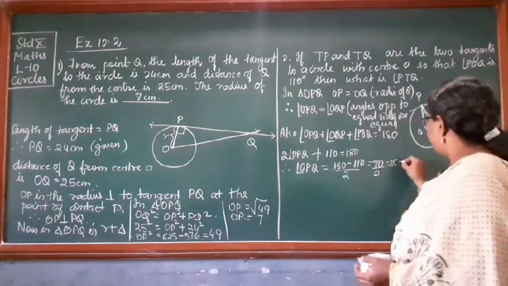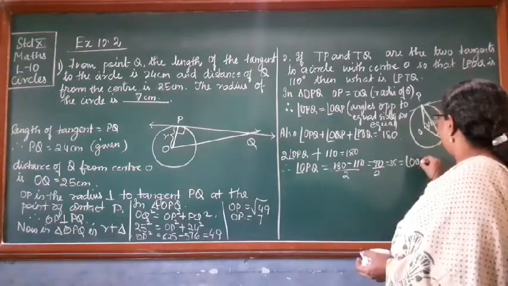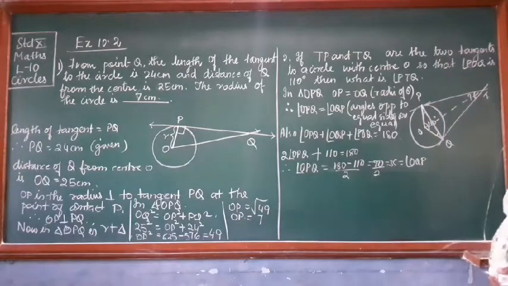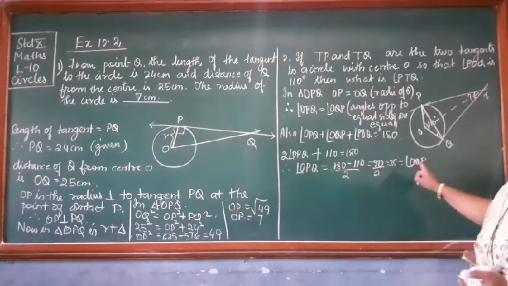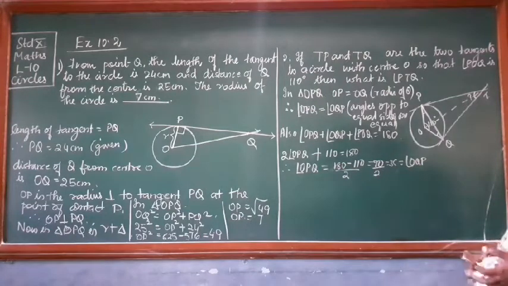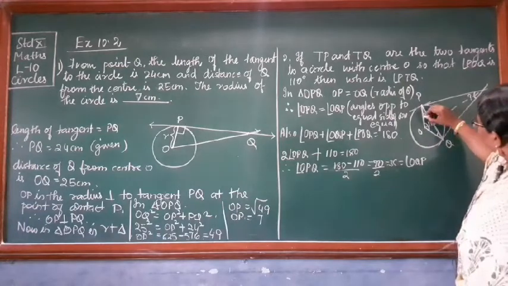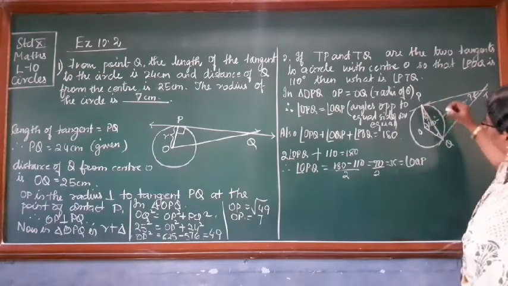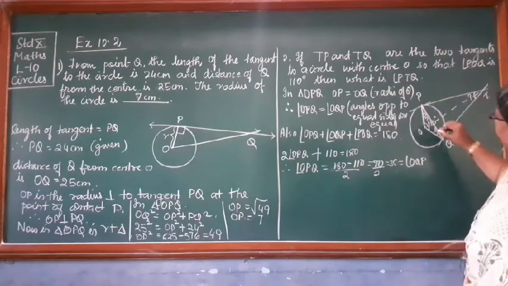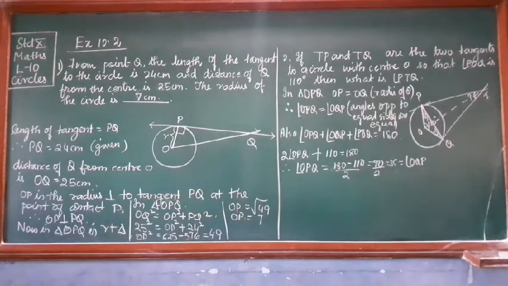But this is also equal to what? Angle OQP. दोनों ही इक्वल. ठीक है, OPQ भी 35 है और OQP भी 35 है. So दोनों का मेजरमेंट हमको मिल गया. Which two measurements? ये देखो, यहाँ पे 35 और यहाँ पे 35, दोनों मिल गया.